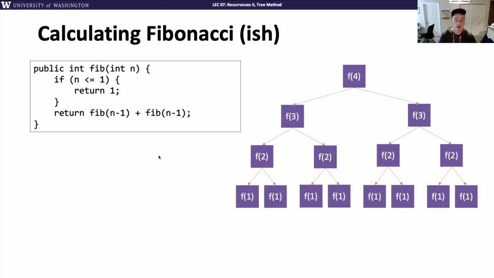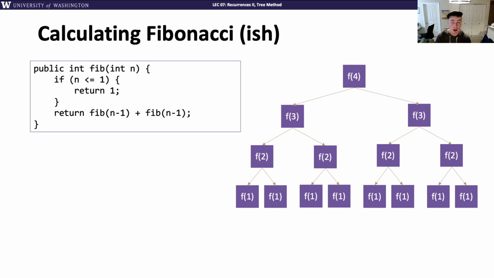Now, when you think about this recursive call, when you start with trying to compute fib of 4, it is going to call fib of 3 twice, and fib of 3 is going to call fib of 2 twice for each one of those. You can imagine this kind of recursive tree of calls.